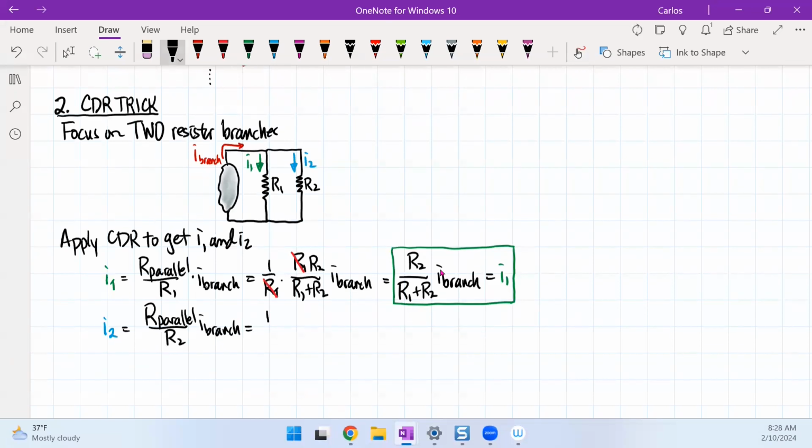And so if I repeat this exact same process, you see here is that this time the R2s cancel out. And what I'm left with is that I get R1 plus R2, but this time into R1. And this tells me what the current I2 is.